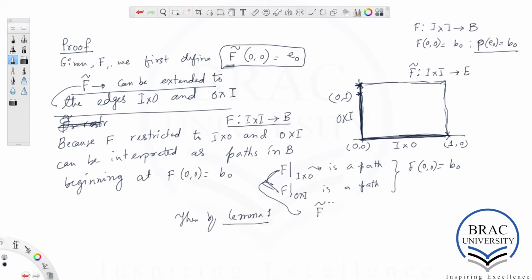Unique extensions such that f tilde is the unique extension such that f tilde, as a path on I cross 0 and 0 cross I, starts at the point E0.